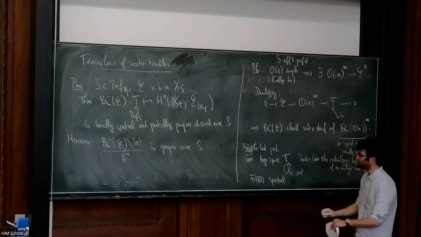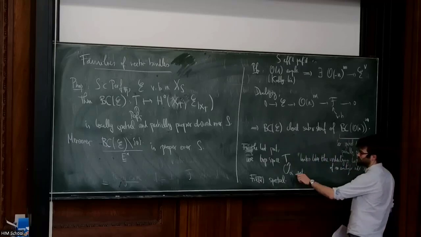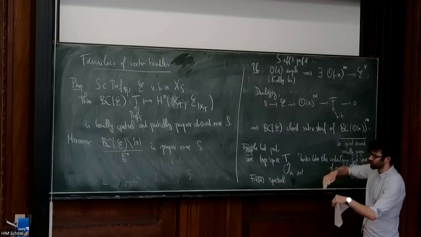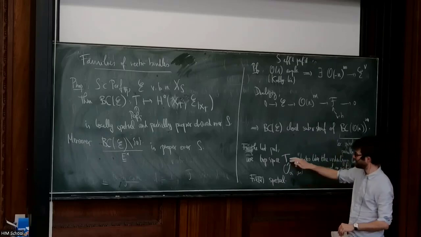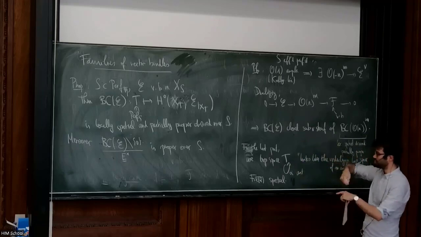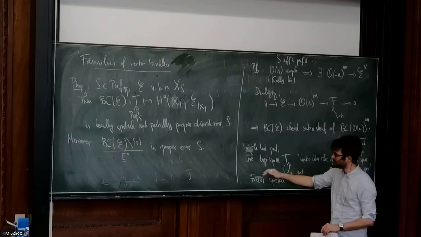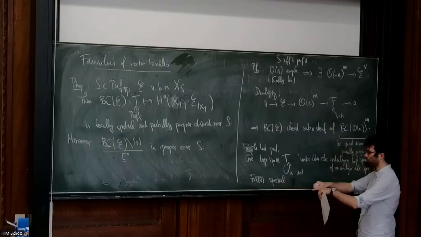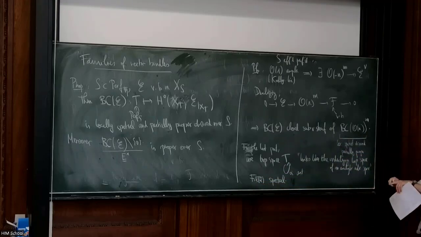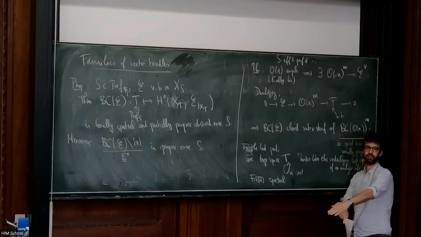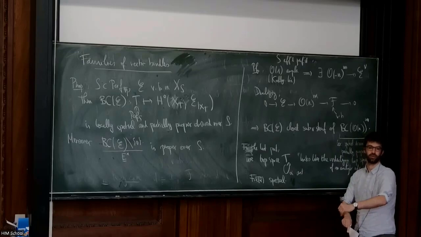I don't want to write the full statement. You also impose that if you let positive powers of alpha act on any element of T and let this positive power go to infinity, anything will converge to this fixed point locus. But you also want the opposite property: when you look at negative powers of this automorphism acting, you want that this really diverges away from this fixed point locus.